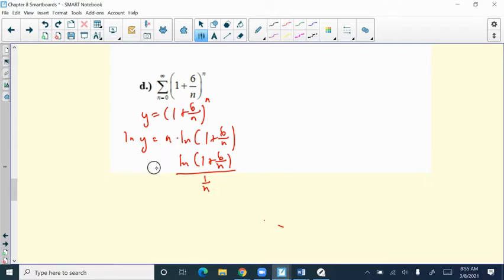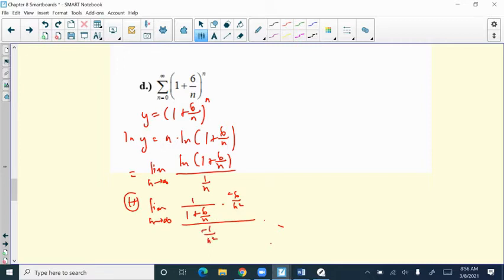Since it's 0 over 0 indeterminate form, the derivative of the top is 1 divided by 1 plus 6 over n, and by the chain rule the derivative of 6 over n is negative 6 over n squared. The derivative of 1 over n is negative 1 over n squared.